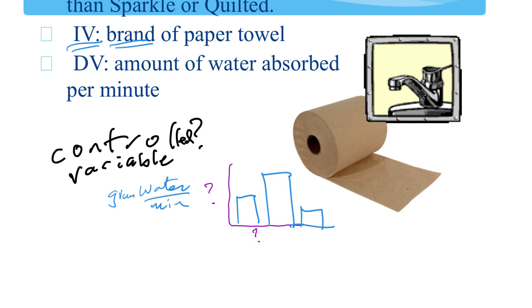I guess you dip it in the same, you keep the same amount of the paper towel in the water, like a corner of the paper towel in the water, or the edge of the paper towel, for each case. What else? Temperature of the water. Okay.